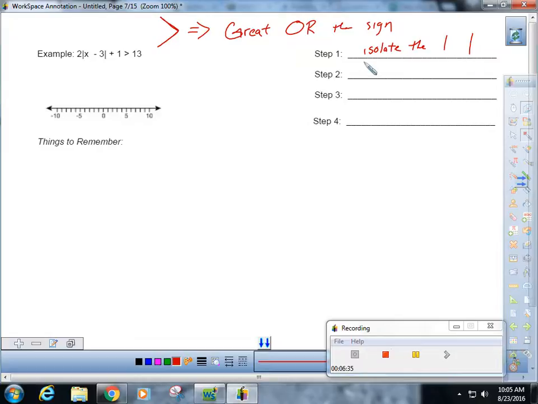Step 2, greater than leads you to or. Okay? Step 3, we've got greater than the number or less than the opposite of the number. So again, we're just going to flip the sign and flip the inequality. And step 4 is again solve each.